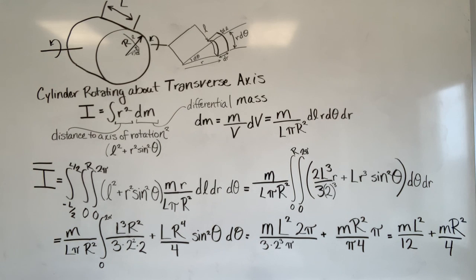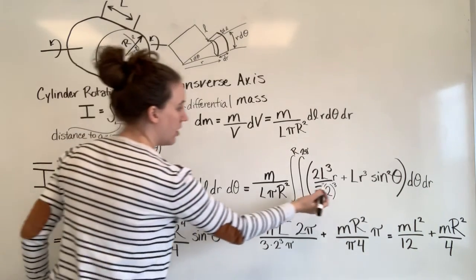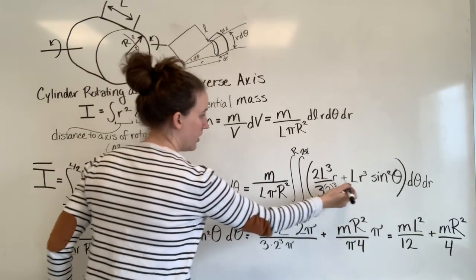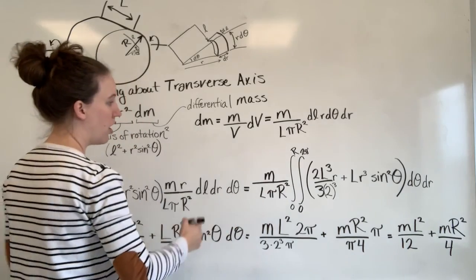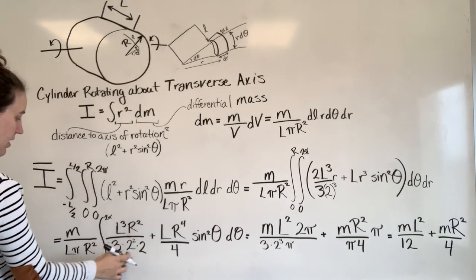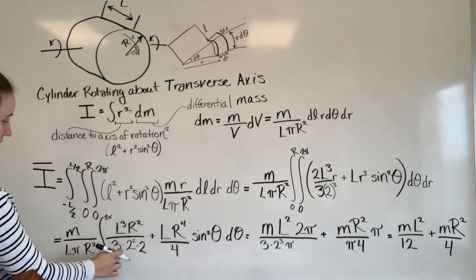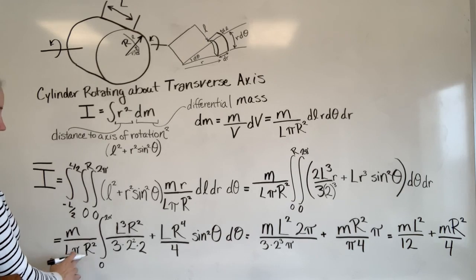So let's do r next, because that also looks fairly easy. We have our r term here, dr, so that's going to become r squared over 2, and everything else stays the same.